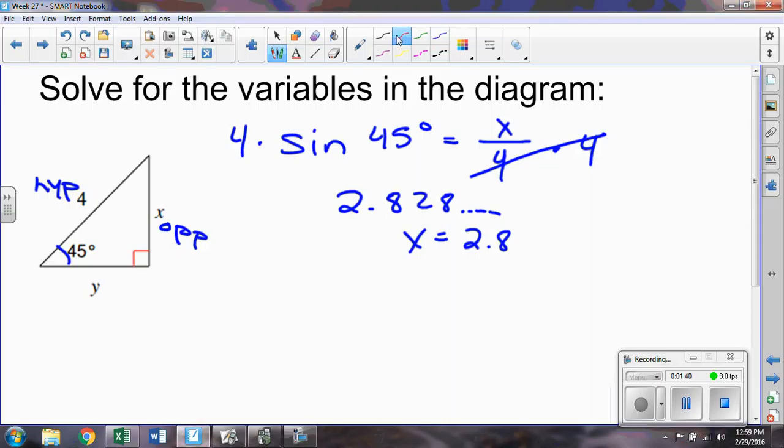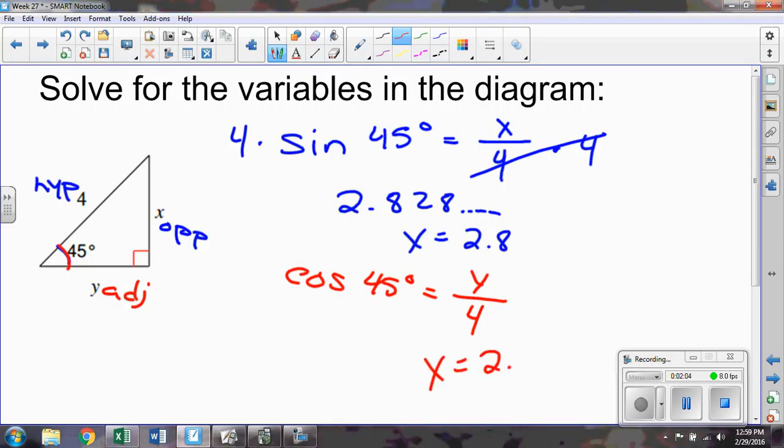Let's now determine the value of y. Well, based on that 45-degree angle, y is the adjacent. And so we could build cosine of 45 degrees equals adjacent over hypotenuse. And this is going to give us the exact same answer.